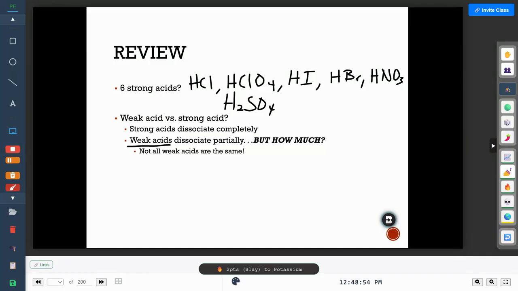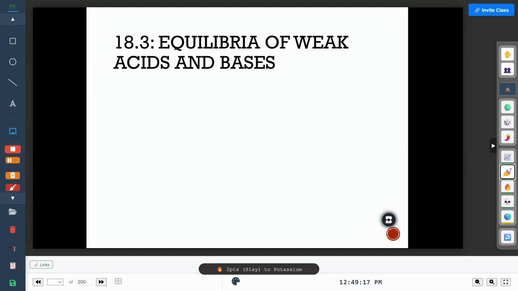There's going to be different amounts of molecular attractions that are involved with each of these, and so water is going to pull a little harder on some than on others. And so because they are not the same, we have to have a way of saying how much they break apart in our solutions, right? So they're not all the same. We are going to use Ka to help us understand how much they break apart. Okay, that's what this whole thing is going to be telling us about today.